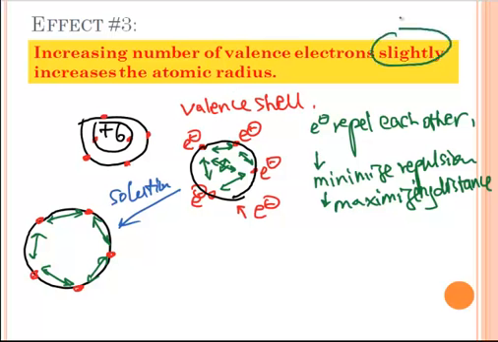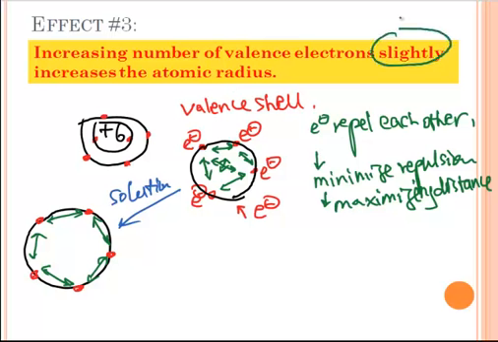For the same period, from left to right, with increasing atomic number, the atomic radius decreases. Now we're looking at the explanation for that. We have 3 effects. Effect number 1 is the number of principal energy levels. The more you have, the larger the size.